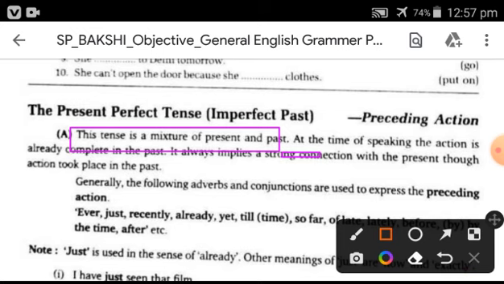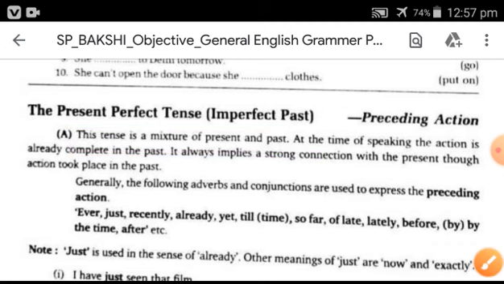Before we go ahead, I want to describe it with its definition. This tense is a mixture of present and past. At the time of speaking, the action is already completed in the past.